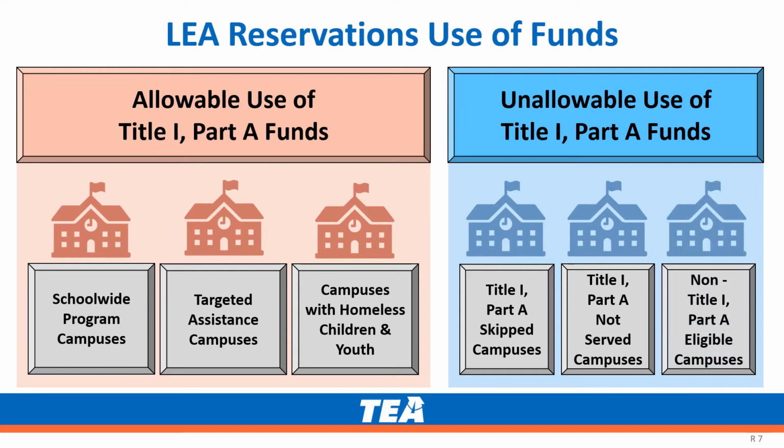If a campus, based on their campus low-income percentage, does not meet Title I Part A eligibility requirements to operate a school-wide program or a targeted assistance program, they are not considered a Title I Part A campus, and thus students on the campus cannot be served by Title I Part A funds.